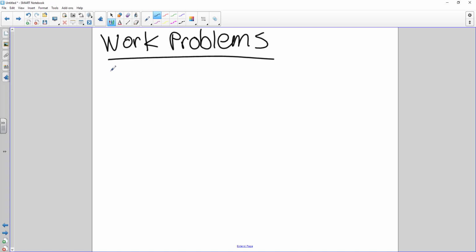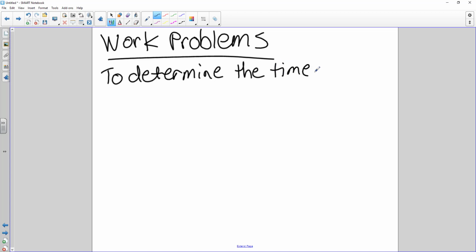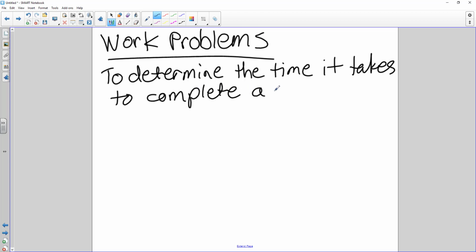And this is specifically when we're talking about determining the time it takes to complete a job with combined effort.